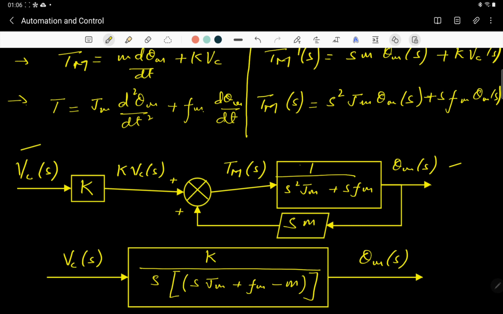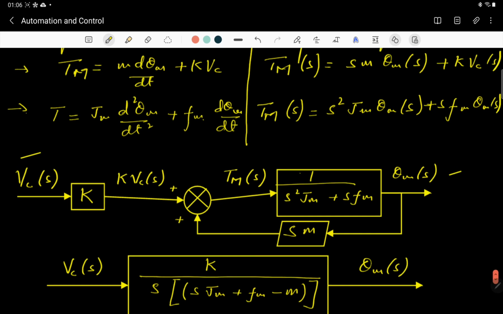Vc(s) is given as input and multiplied by K, so we get K Vc(s) over here.